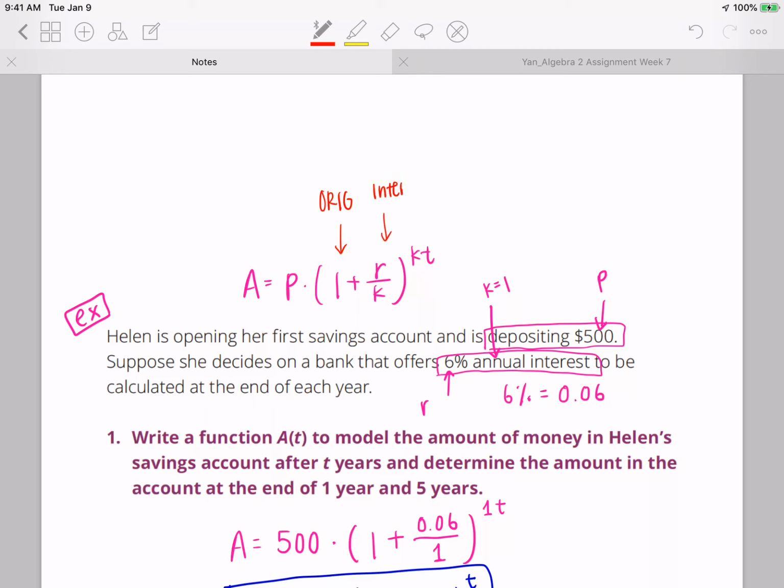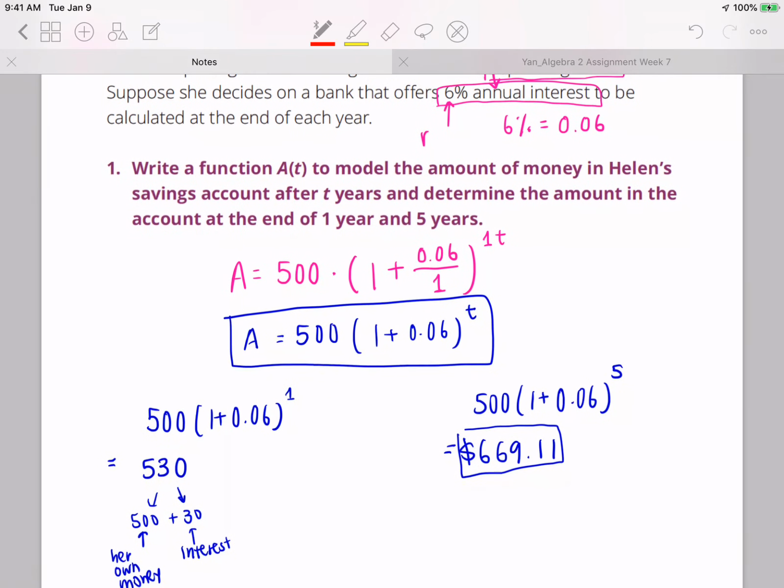So this R over K is the interest. And then for how many years it will take, we just keep on multiplying, because it's an exponential type of function. So every year, however much they get, it matters for the following year.